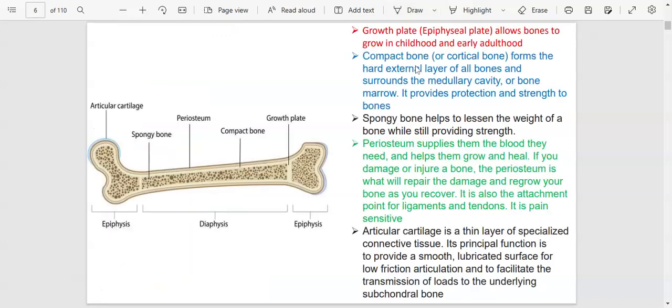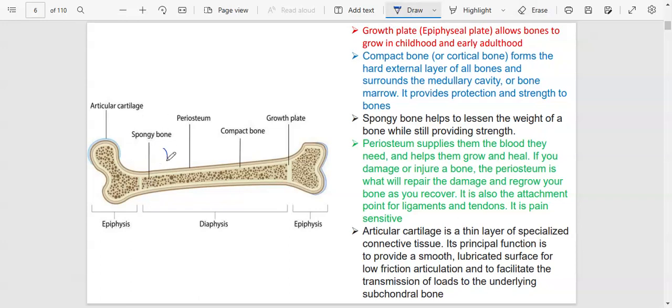All right. So here again is another structure of the same long bone that we saw. At the end we said we have got the cartilage. We can also refer to it as articular cartilage because it gets to articulate or join with other bones. And then we have got the spongy bone, which we also said is the cancellous bone.